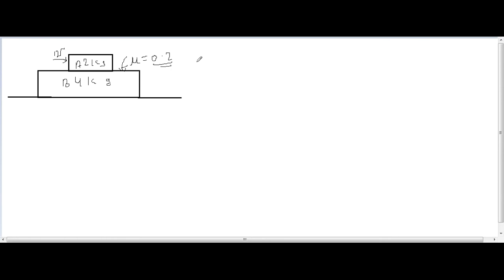So VA is in this direction with speed v, let's suppose, and VB is 0. So what is the velocity of B with respect to A? Velocity of B with respect to A is velocity of B minus velocity of A, which is equal to minus V. So the direction will be this, in this direction.